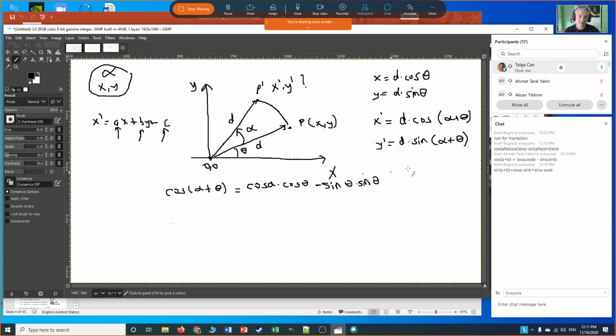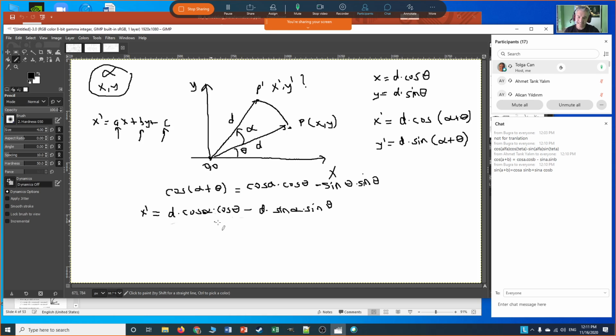So if cos alpha plus theta is this, x prime is equal to d times cos alpha times cos theta minus d times sin alpha times sin theta. Okay, so this is what x prime is.